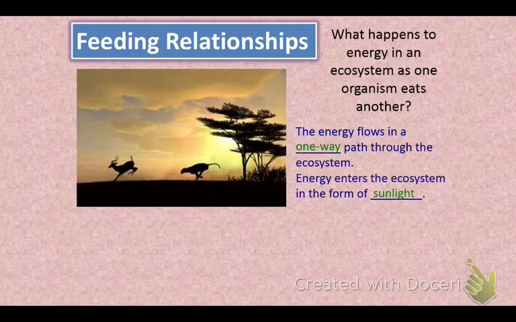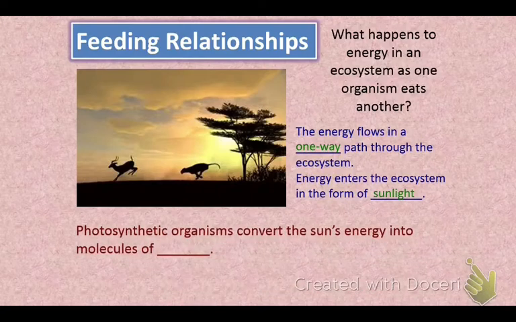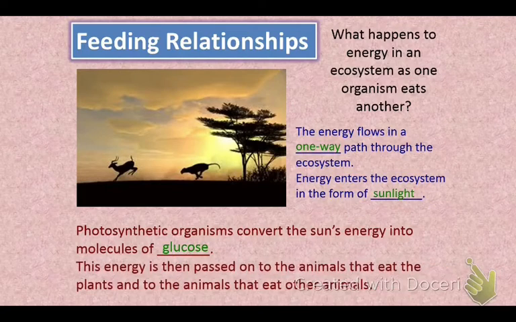Energy enters the ecosystem in the form of sunlight. Photosynthetic organisms convert the sun's energy into molecules of? Glucose. Yes. And then this energy is passed on to the animals that eat the plants and to the animals that eat other animals.